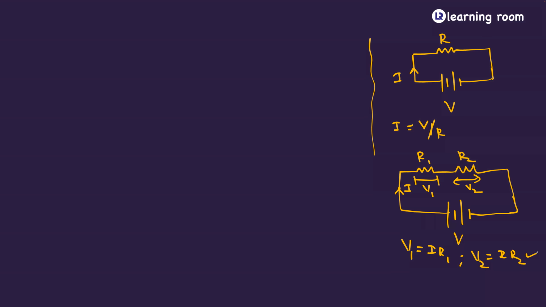But there will be certain scenarios where you will have more than one battery and a complicated circuit, which we generally call a network. In that scenario, it is not easy for us to solve the problem using only Ohm's law, because you would need to make those two batteries into one. Sometimes it will be possible, sometimes it will not. When you have those kinds of circuits, you need some other law to help us solve them, for which we have two important laws.